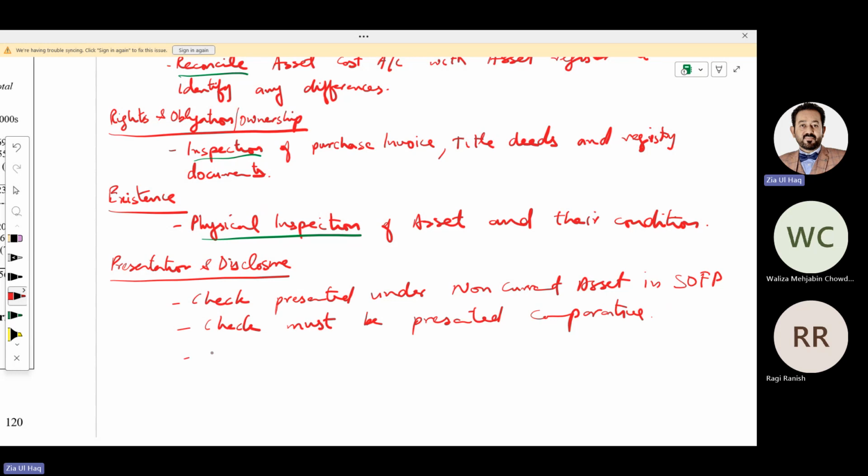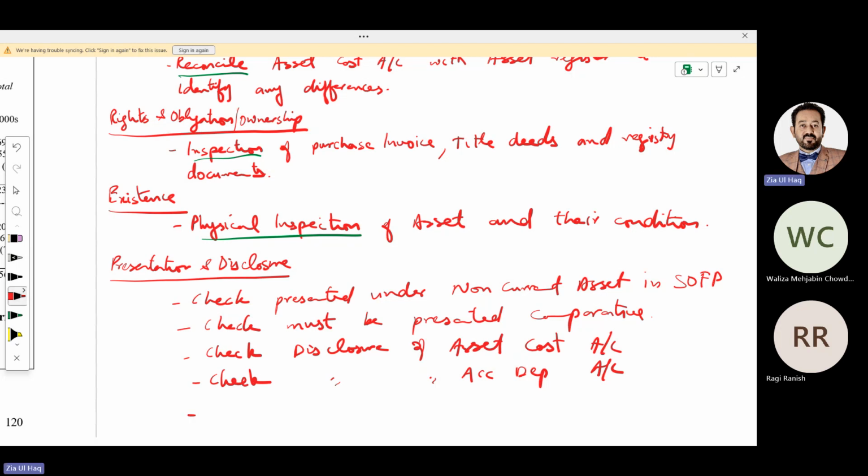So we need to check disclosure of the asset cost account and disclosure of the accumulated depreciation account.